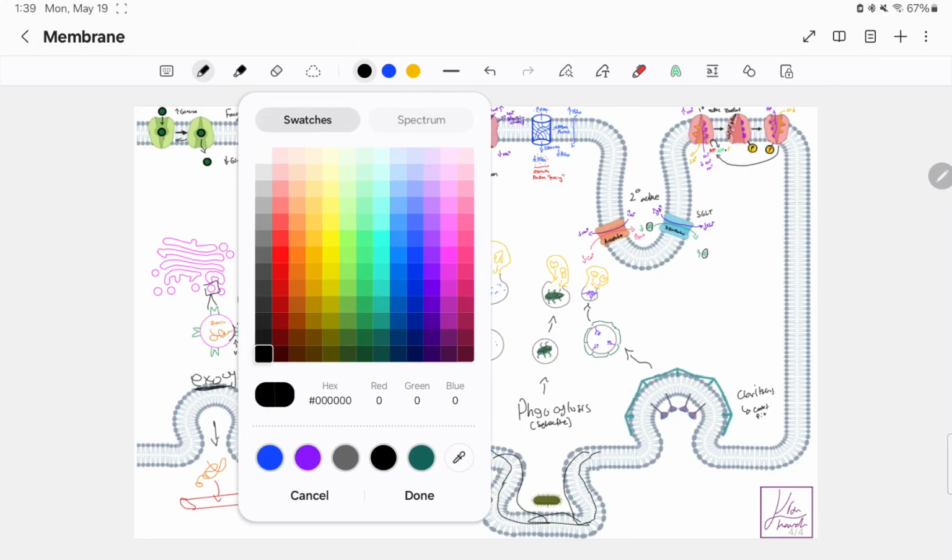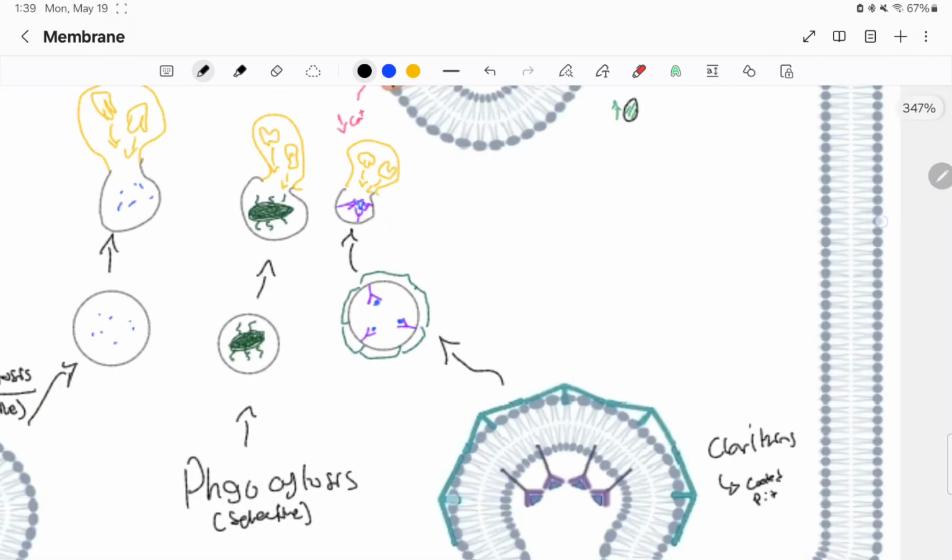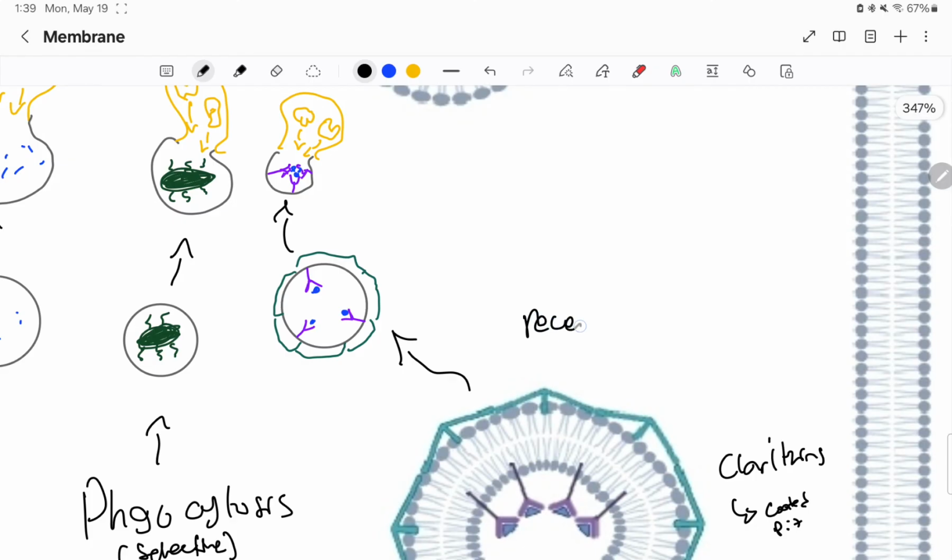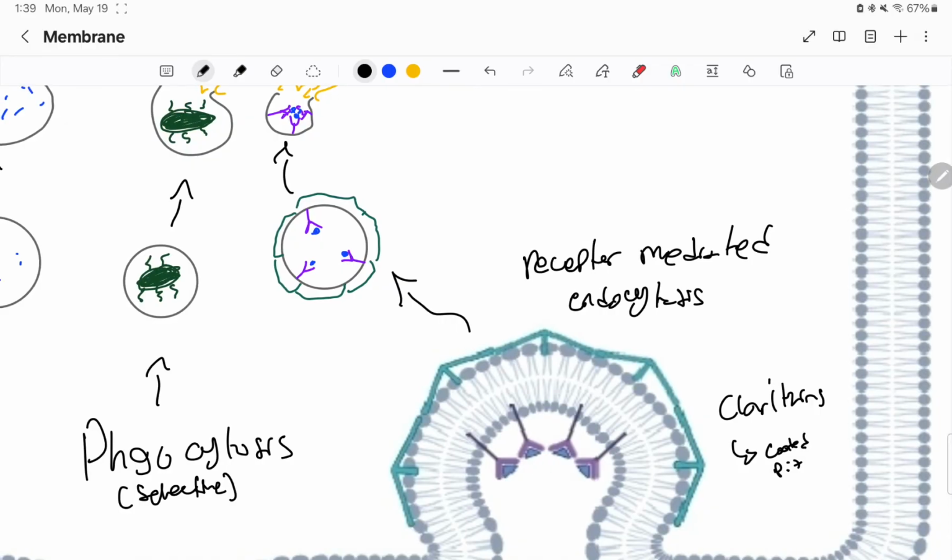There is macropinocytosis, there's phagocytosis, and there is receptor mediated endocytosis. And this is pretty much occurring with anything that binds to a receptor. So insulin, iron, vitamin B12, okay.